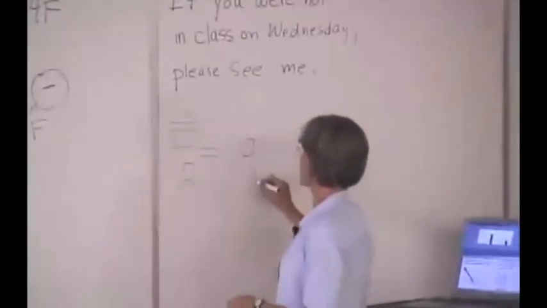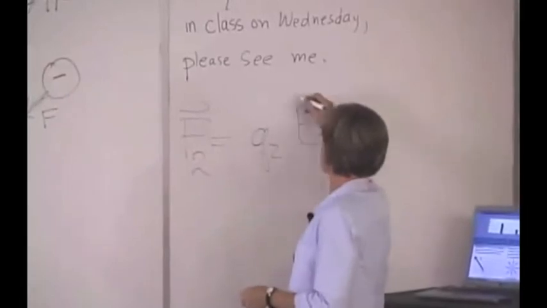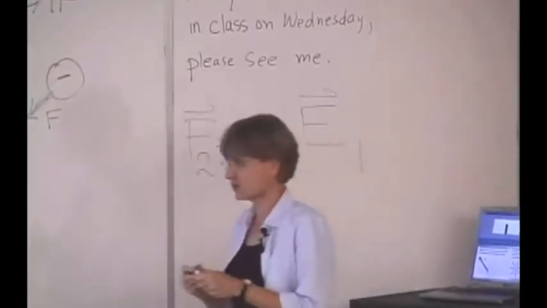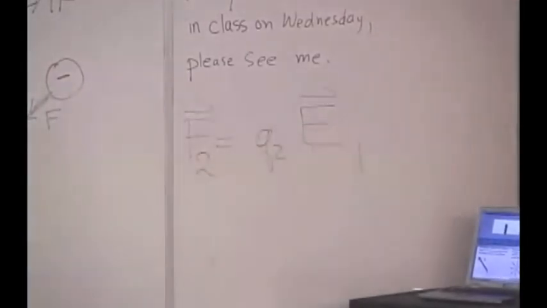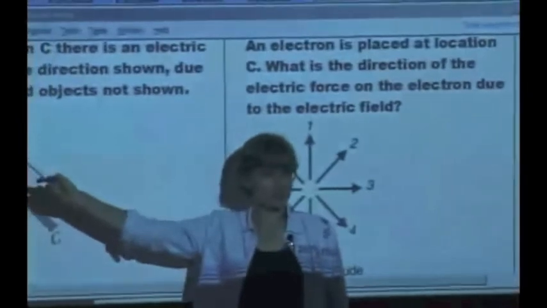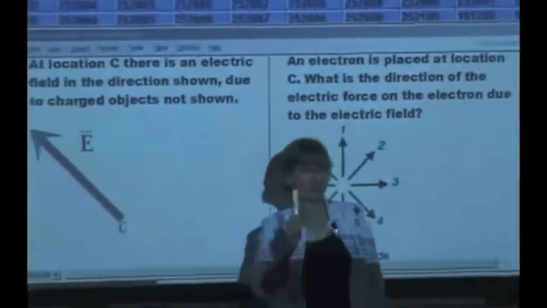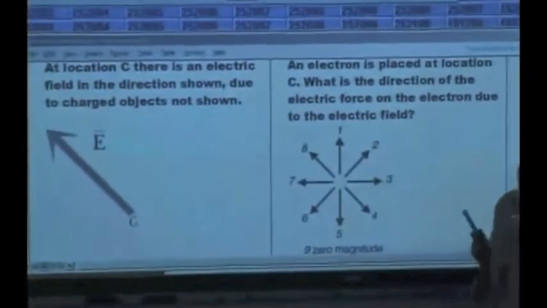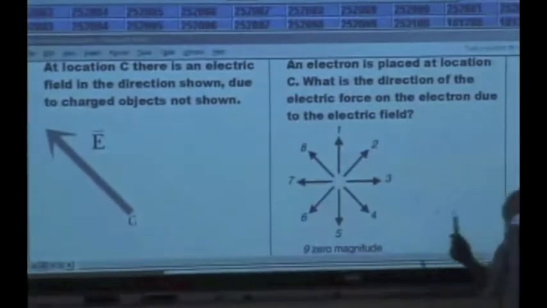F on particle 2 is Q2 times the electric field due to whatever it's due to. And we saw that if we put a proton at some location, because Q for a proton was positive, the force was in the same direction as the electric field. What's the sign of the charge of an electron? Negative, right?